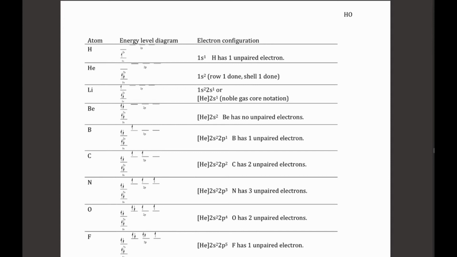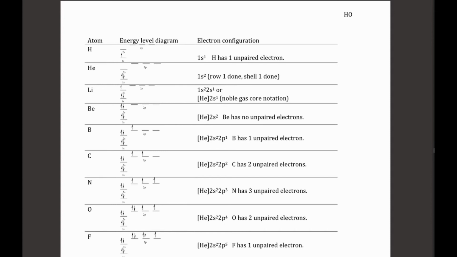Notice that when we went from lithium and beryllium over to boron, we had to make that big leap across. Boron's electron goes into 2p atomic orbitals. So the electron configuration is [He] 2s2, 2p1, one unpaired electron.